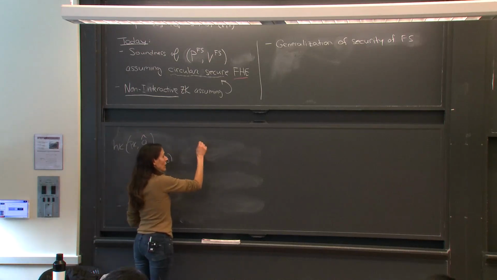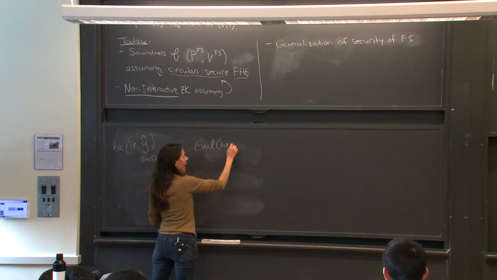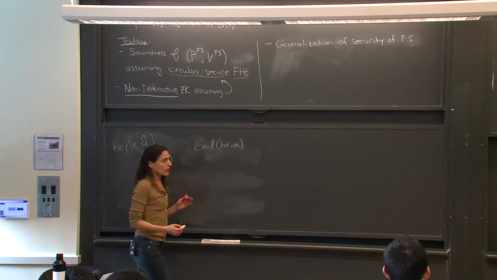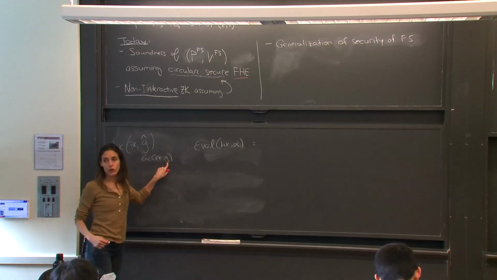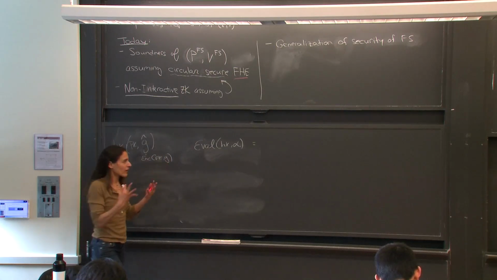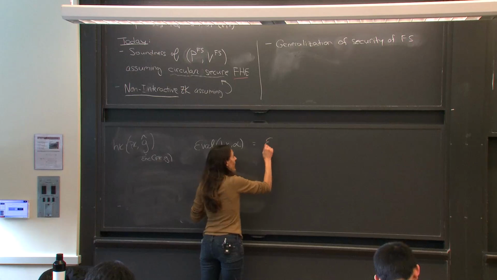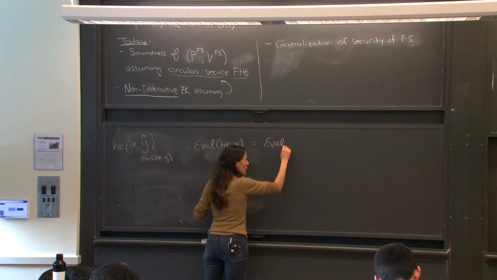How do you evaluate the hash key and alpha? They say, you know what? Just compute G of alpha under the hood. How do you compute G of alpha under the hood? Essentially, they say, do the eval of the FHE.